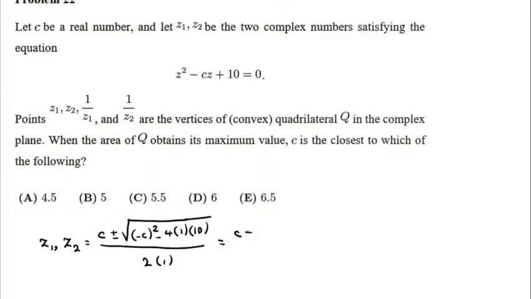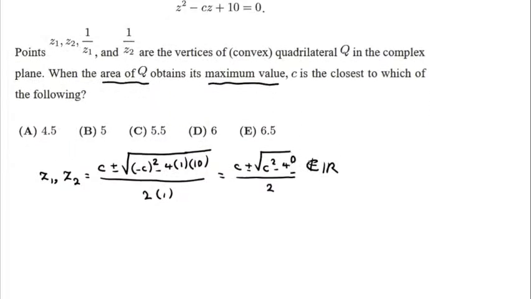And it will be c plus or minus the square root of c squared minus 40, over 2. It shouldn't be real. Why? Because if it is real, then z1, z2 are real numbers, 1 over z1, 1 over z2 are real numbers, and then the area will be 0, but it says maximum value of the area of Q. So, we can consider it is not a real number.